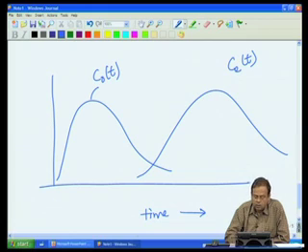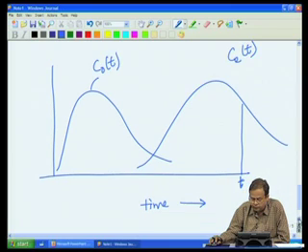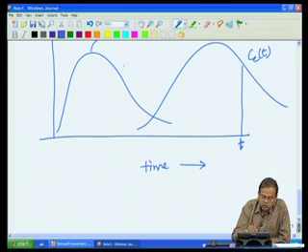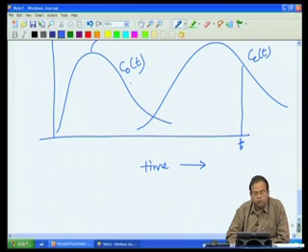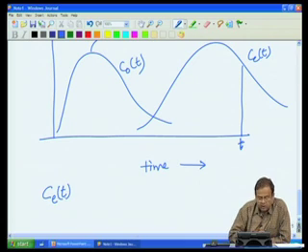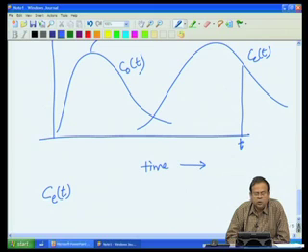I am looking at what is the concentration at time t. So, this is my C e of t, this is my C 0 or input. So, I want to see what is C e at time t, and let me take a specific example. Let us say that this time is some 15 minutes.